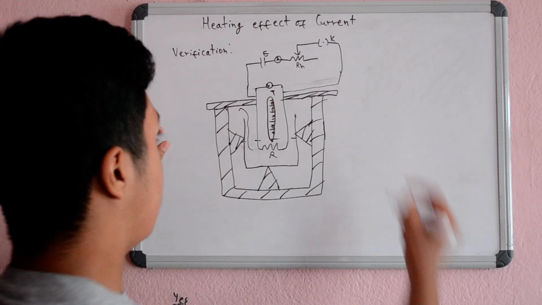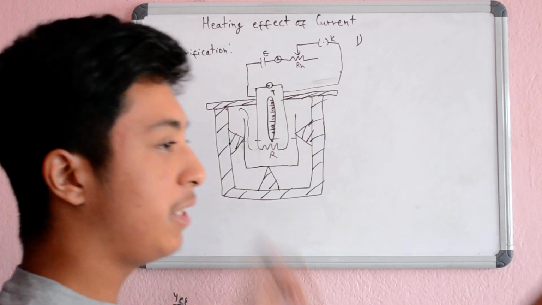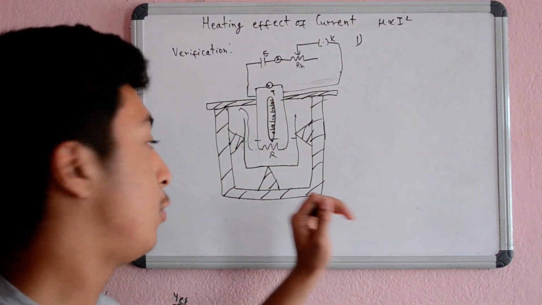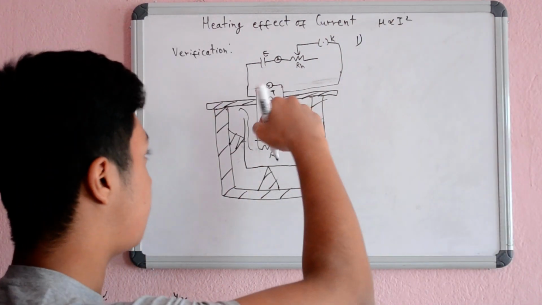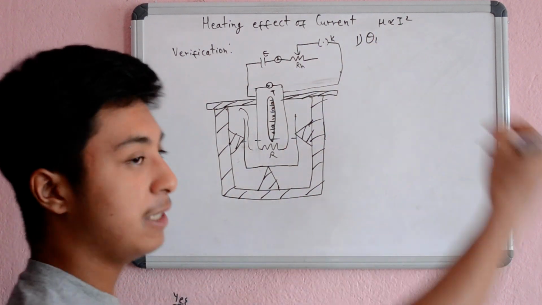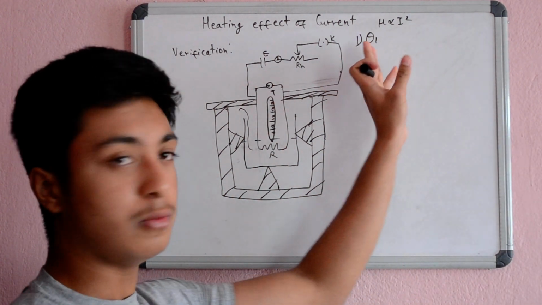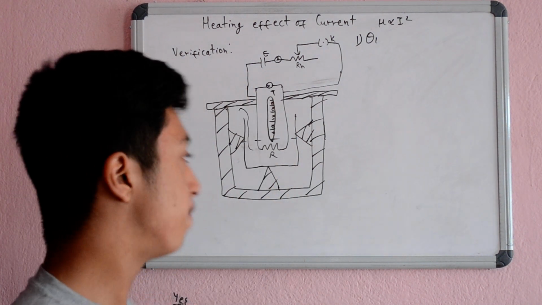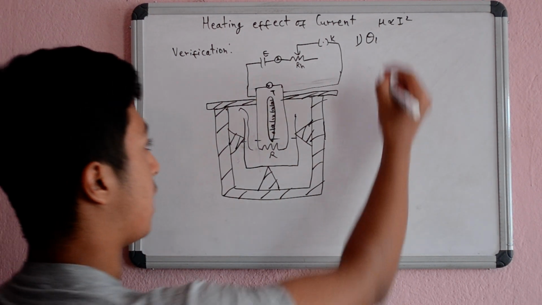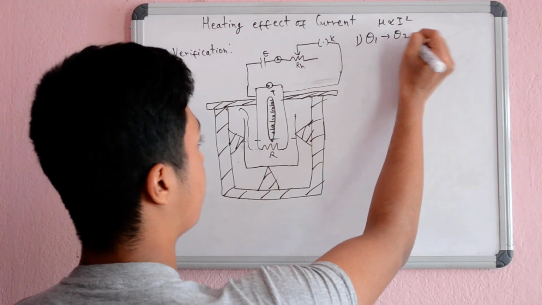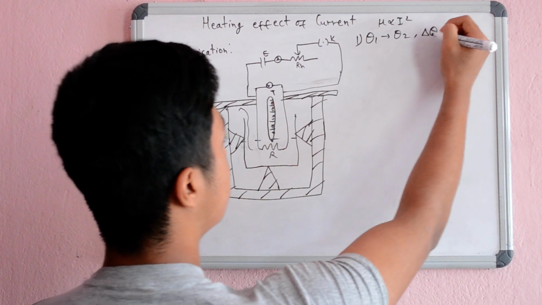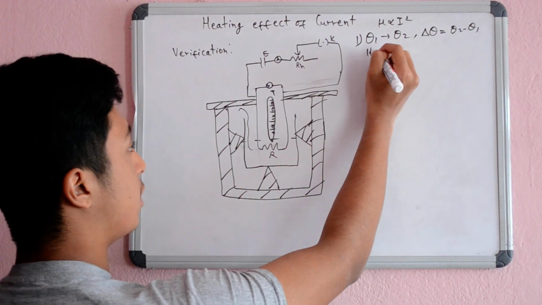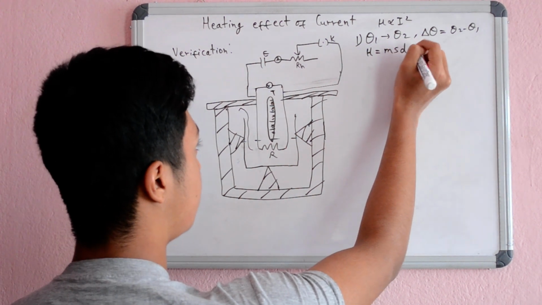First, we need to prove that the heat is proportional to I square. What they did in the experiment was measure the temperature, which let's say was theta 1, and after some time the current produced some heat, and the temperature rose to theta 2. Therefore, we have a change in temperature, theta 2 minus theta 1. Now we can use the heat equation m s d theta.